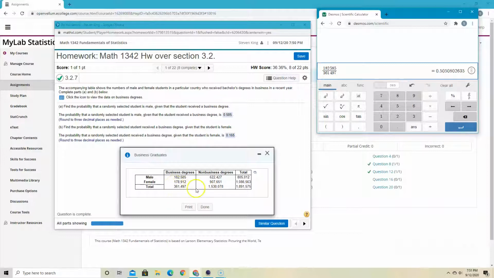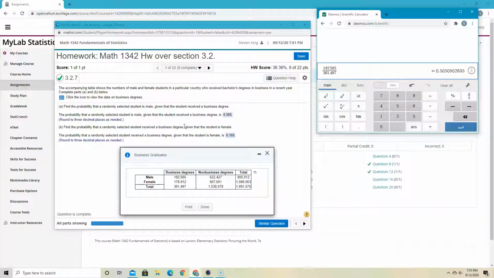This is how many ID numbers are for students who have a business degree out of the total number of students. And we would put the 361,497 over this big number right here, if the question stopped right here at business degree, period.